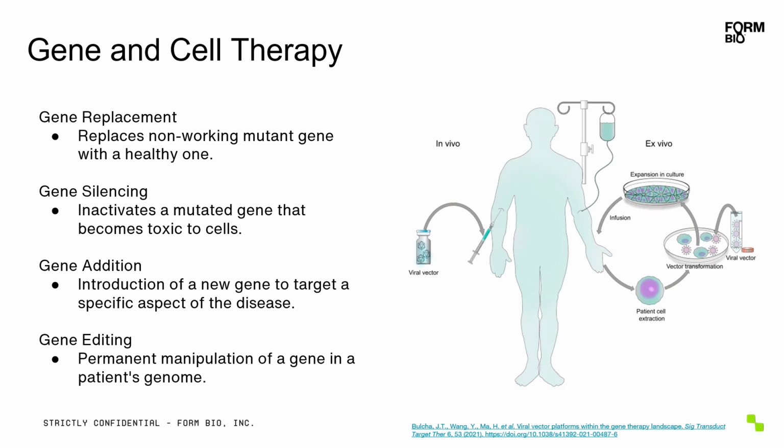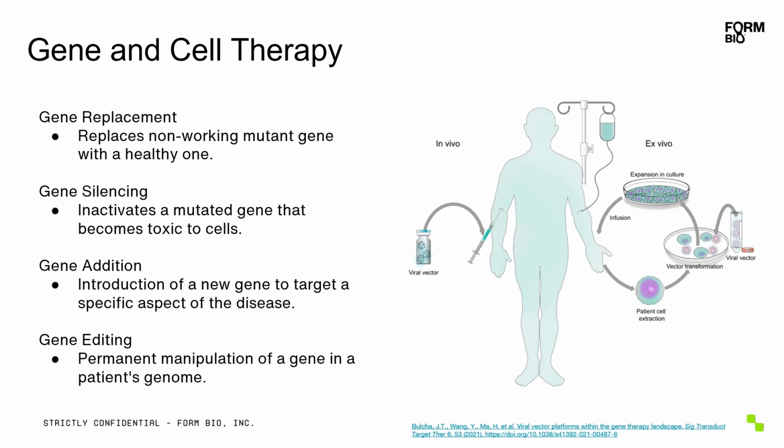We have gene silencing when we inactivate a mutated gene that becomes toxic to the cell. We have what we call gene addition when we introduce a new gene to target a specific aspect of the disease. And we have gene editing when we permanently manipulate the gene in the patient's genome.